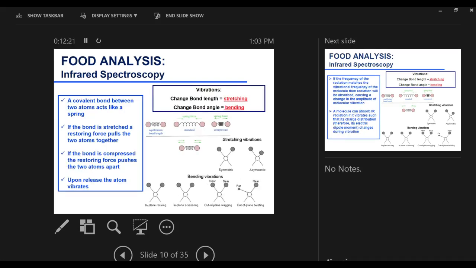So what happens when the molecule absorbs IR radiation? You end up having a vibration above its regular vibration at the ground state. These vibrations are due to stretching and bending of the bonds. Here is a little animation of stretching.